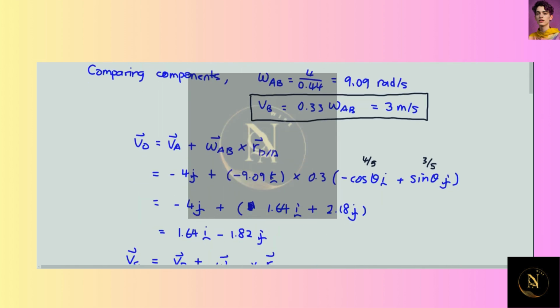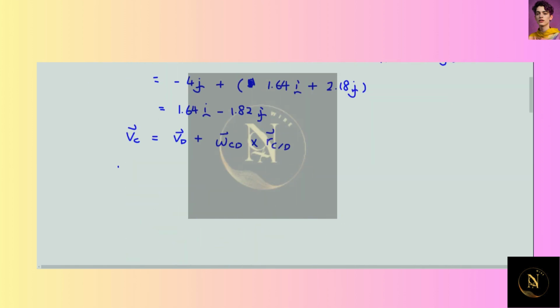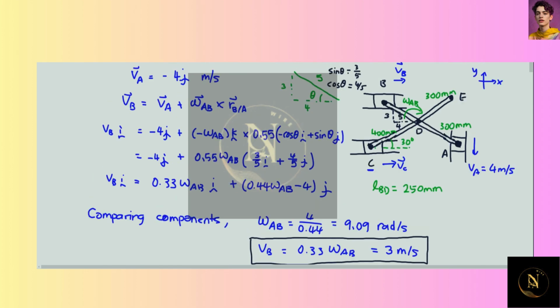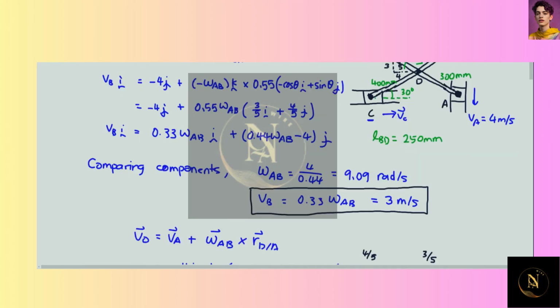So VC i is equal to VD, which is 1.64 i minus 1.82 j, plus omega CD k, assuming this is counterclockwise, cross the position of C relative to D, related to the 400 mm and the angle 30 degrees.